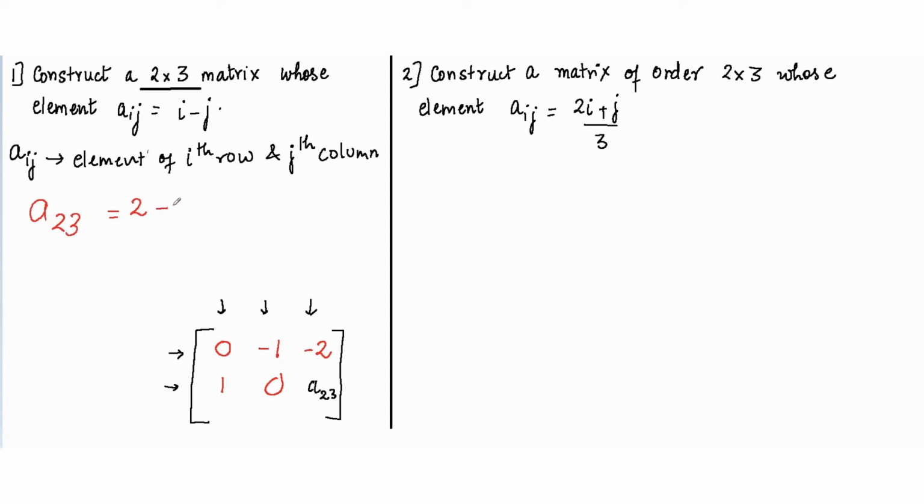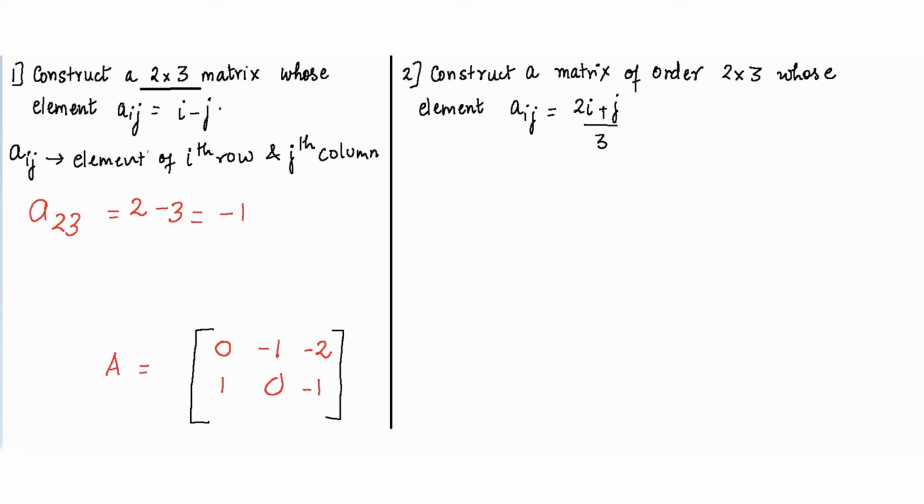So A23 is 2 minus 3, which is equal to minus 1. Therefore, the value of the second row, third column is minus 1. So this is how we construct the matrix whose elements are given by the formula aij is i minus j.